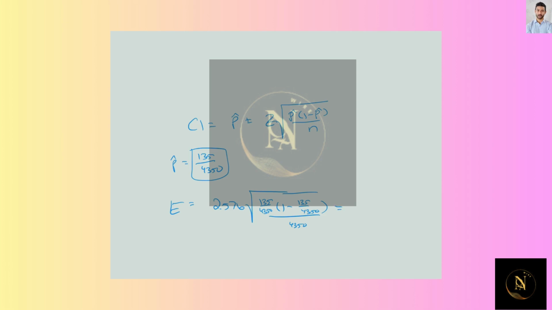And so that to 3 places calculates to 0.007.